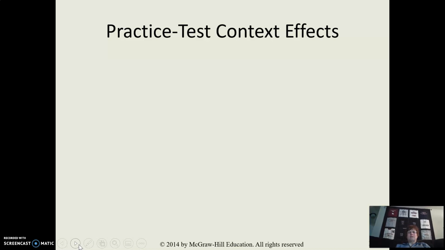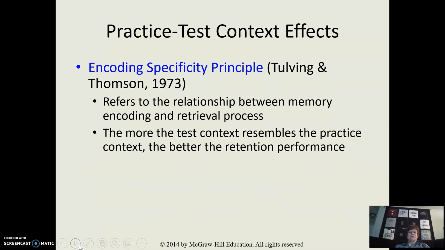As we finish up this chapter, you have a lab that you'll do, and it basically deals with practice and test context. And the principle is called the encoding specificity principle. It's been around for a while. It talks about how we encode information and how we retrieve information.